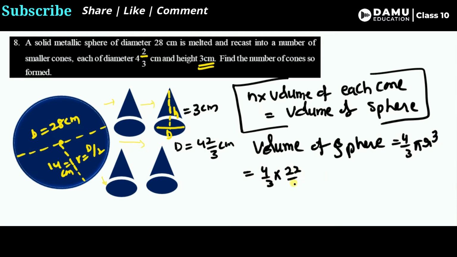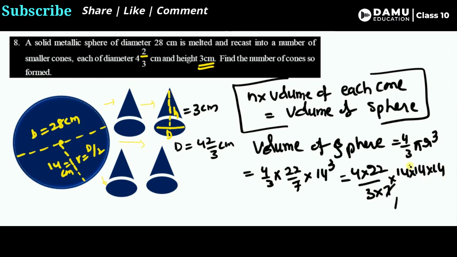Pi is 22 by 7, r cube, and r is 14, so 14 cube. Let's write it as it is. Can you calculate anything here? 4 into 22 by 3 into 7 into 14 into 14 into 14. 7 ones are 7, 7 twos are 14. So 4 into 22 into 2 into 14 into 14.